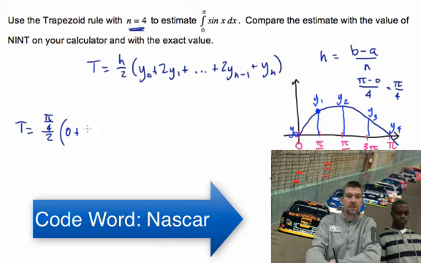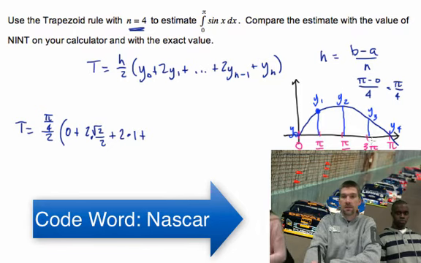Well, that's square root of 2 over 2. Plus 2 times the sine at pi over 2. That's 1. 2 times 1. Plus 2 times the sine at 3 pi over 4, which is square root of 2 over 2.